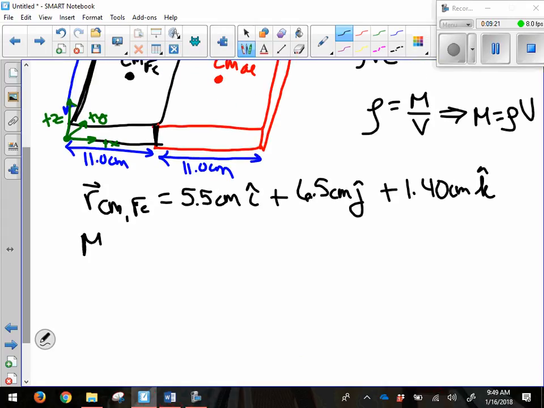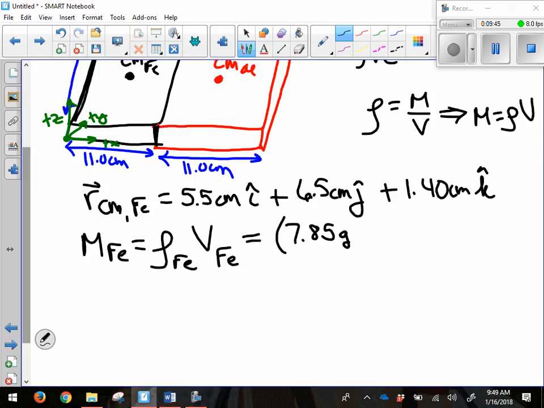So if I need to find the mass of the iron slab, it's going to be the density of the iron slab times the volume of the iron slab. How do I find the volume of a slab? Length times width times height, right? Okay, so my density is what? That's the 7.85 grams per centimeter cubed.